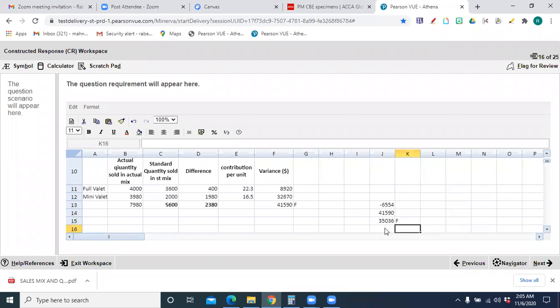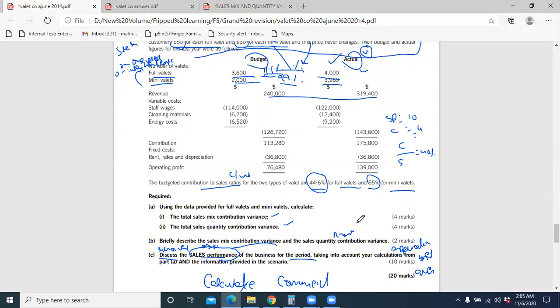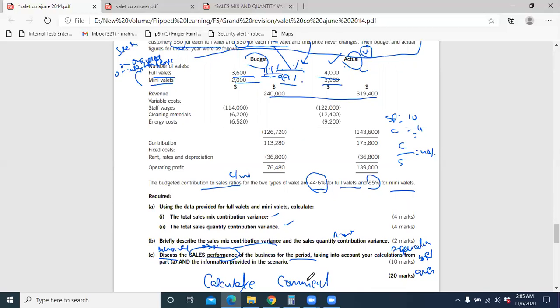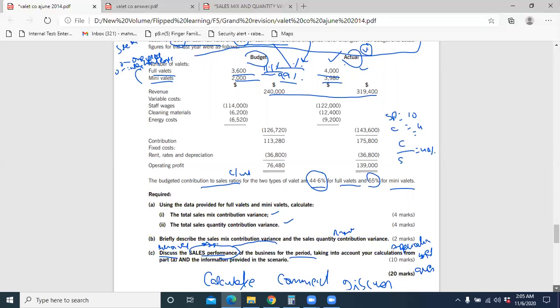That indicates a very good performance for Strapia, even with the bad economic conditions. Only one thing, the sales mix variance is adverse, which can also be explained by the economic factors prevailing in the Strapia area. So this is how: calculate, comment, then strategy, and in the end you need to discuss.